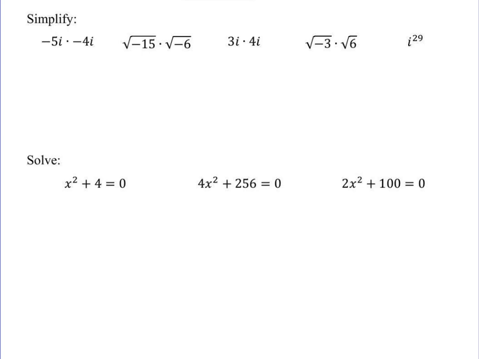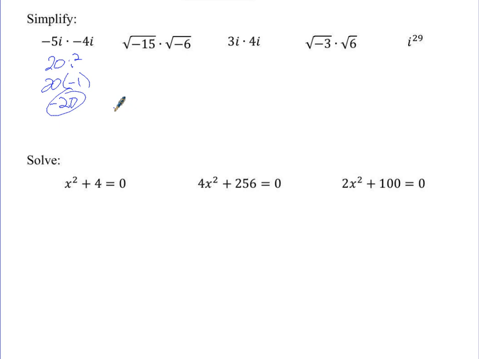The same thing happens with i. You can treat it like a variable. So the negative 5 times negative 4 is positive 20. i times i is i squared. But i squared is negative 1. So this is actually 20 times negative 1, which is negative 20. There's our answer.